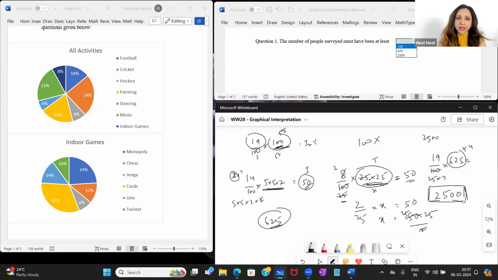So I got my 625, but I do realize that 625 itself is not going to work for this one. So then I need to find that particular multiple of 625 that will work for all the values over here. And that I found by multiplying 625 by 4, that is how I got my 2500.